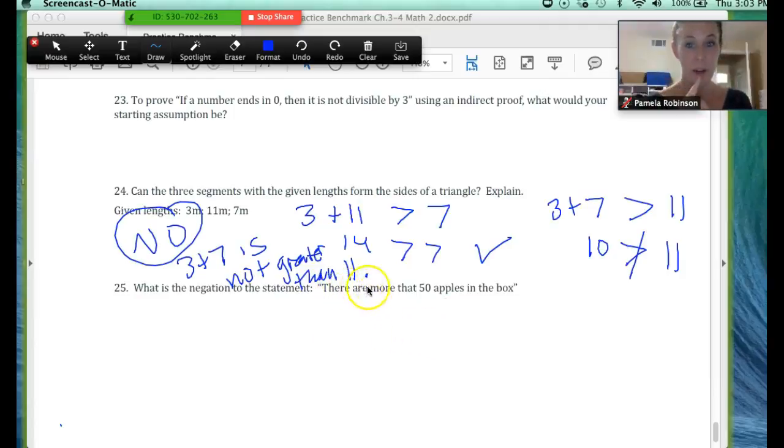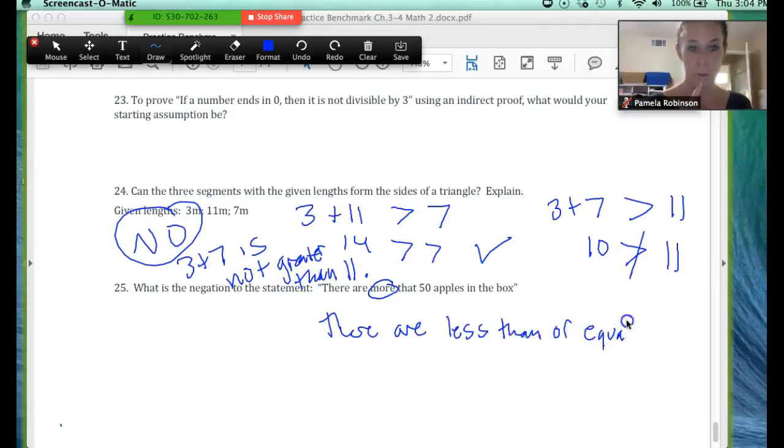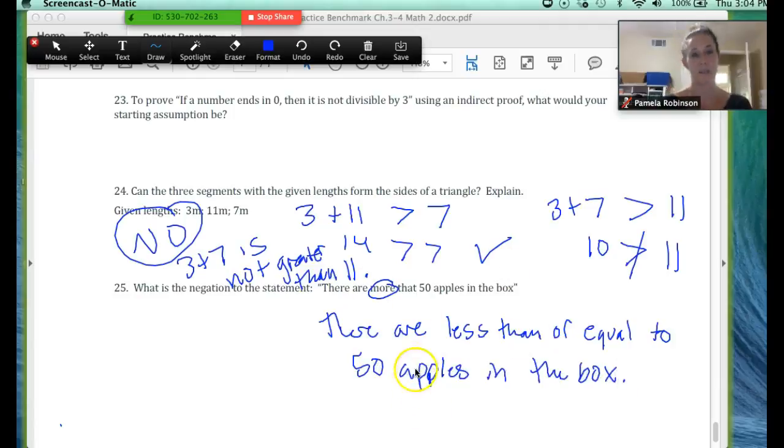So instead of saying there are more than 50 apples in this box, you would say there are less than or equal to 50 apples in the box. And that negates that statement. And that's what you would assume temporarily.